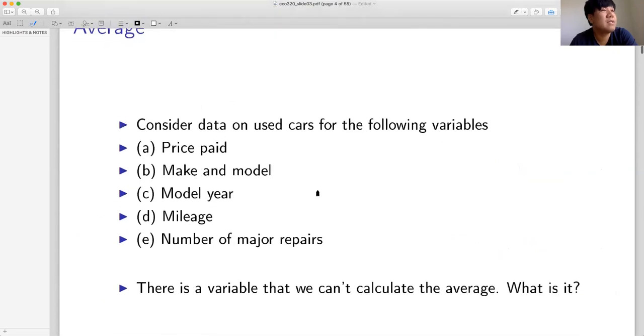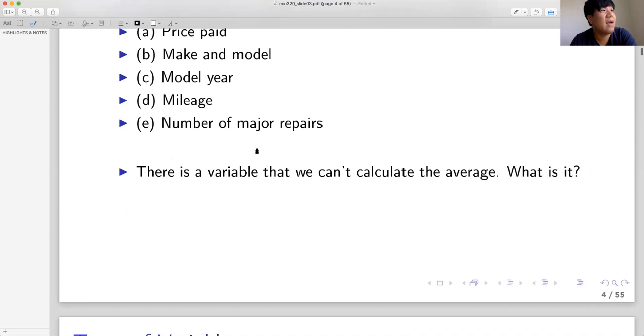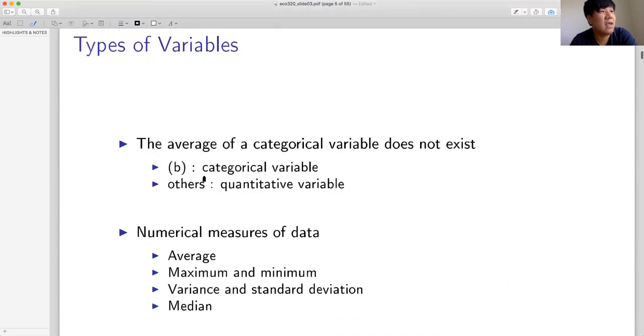So based on this example, which one can you not calculate the average of? Can you pause the video and try to answer this? The first things are the price paid, make and model, year, mileage, and number of major repairs. What is the answer? The answer is B, right? The make and model. It's a categorical variable. You cannot actually get an average of it.